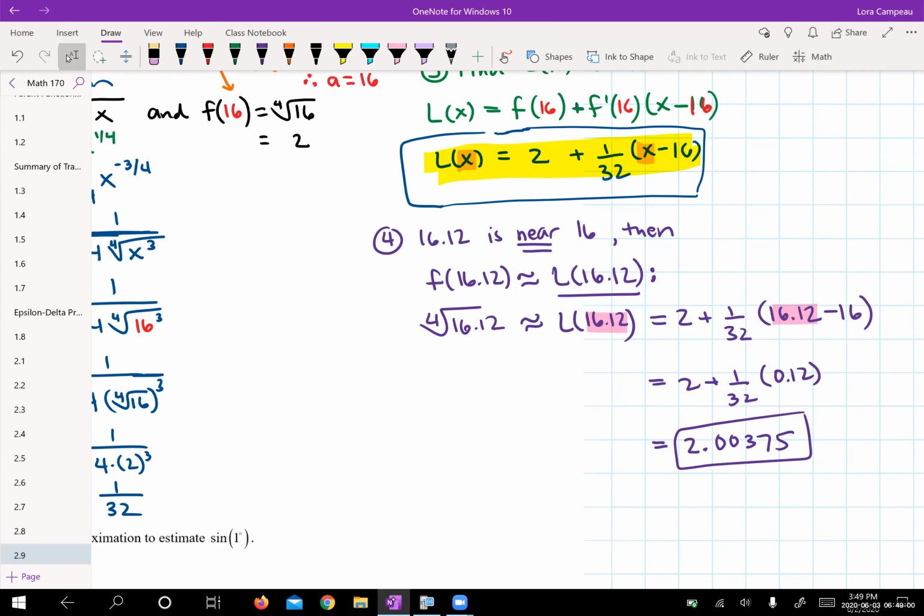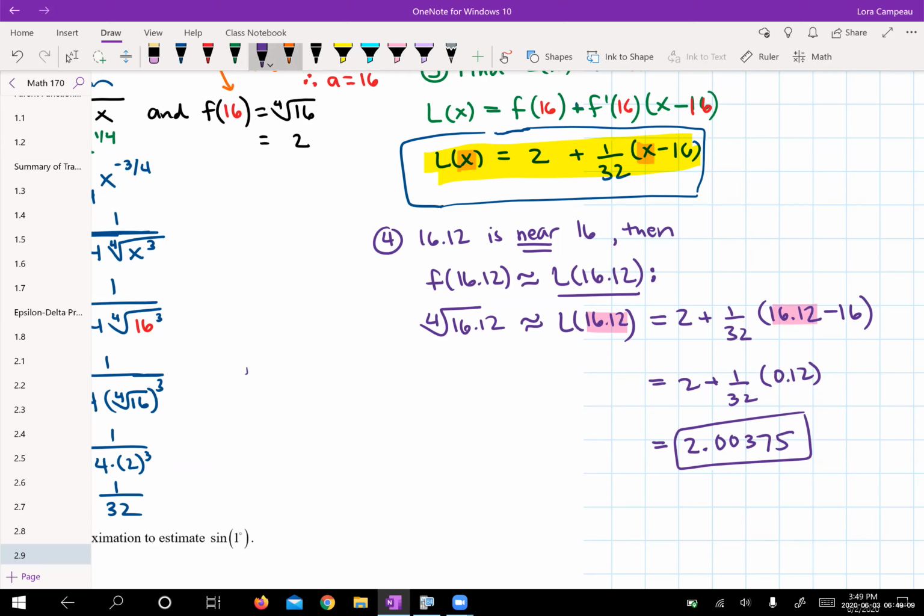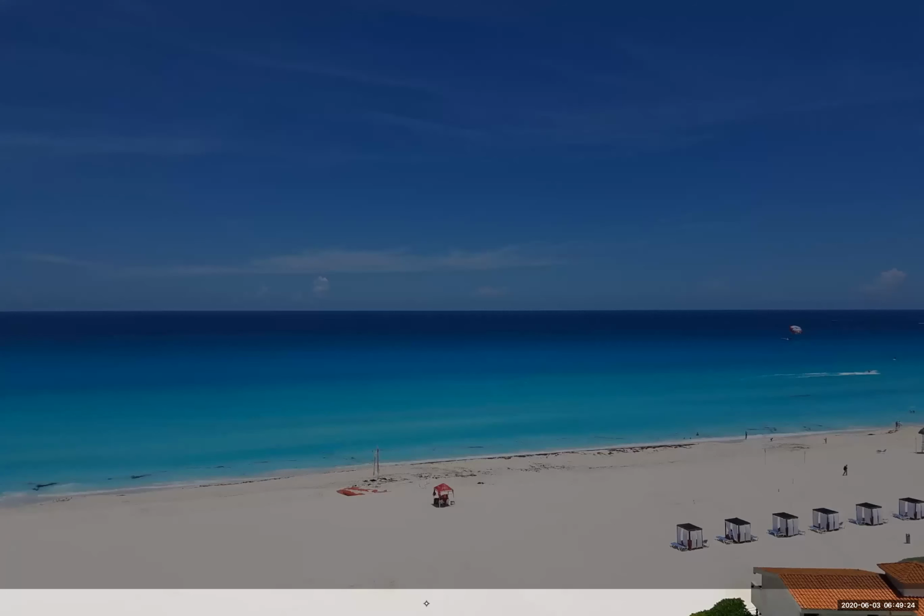So let's see. How close did we really get? Let me go back. Let's pull up our TI and ask, what's the actual value of the fourth root of 16.12? Let's find out.